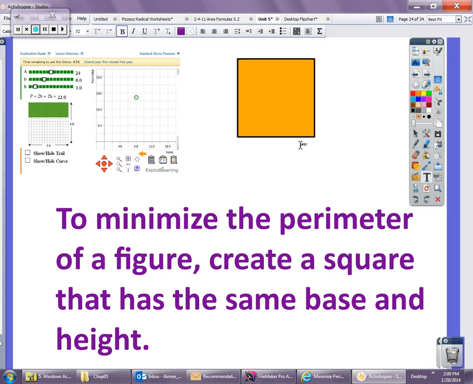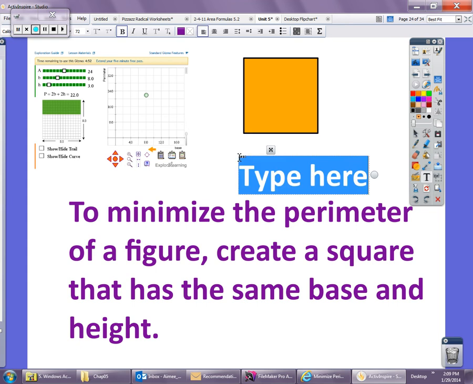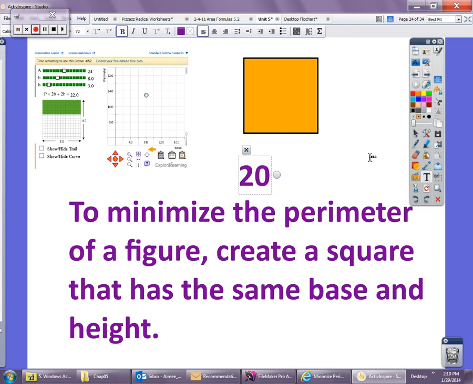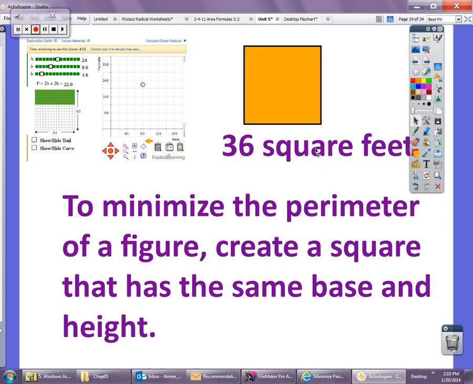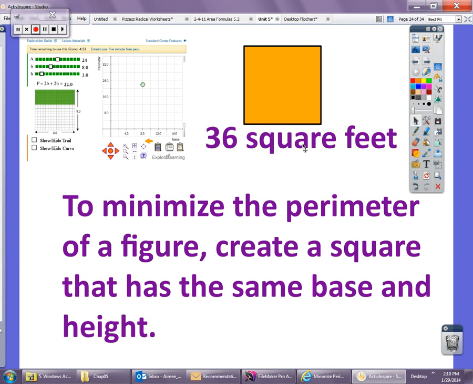So let's say that I tell you that I want to create an area of 20. Let's do 36. 36 square feet. Okay, that's what I want my area to be, 36 square feet.